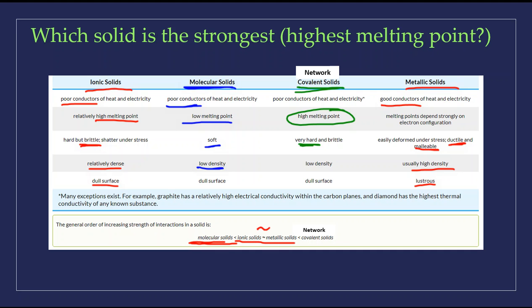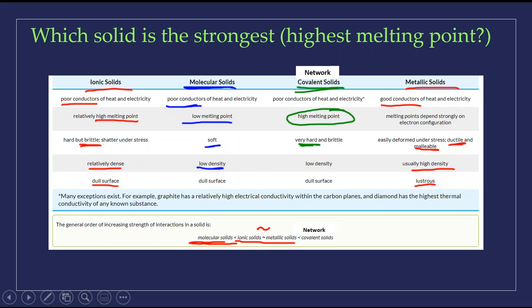They have a squiggly mark between them because they are comparable in some ways, kind of in the same range. Like I said, there are some metals that definitely have really high melting points and are very strong. Ionic solids are always thought of as being very strong, okay? But there are also some metallic solids that would be weaker than the ionic solids.